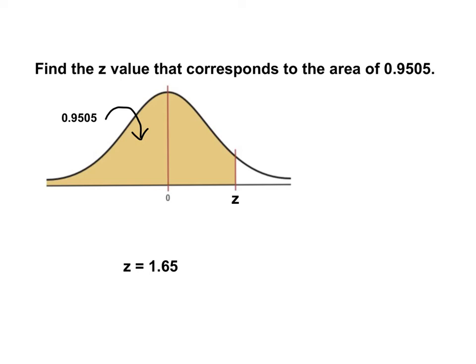Now let's understand one thing, okay? Just to talk about it, because sometimes it'll shade this instead and say, I want the area of that. If you try to look up this area, it's actually going to give me the same thing over here, because the table only finds values to the left of that z.